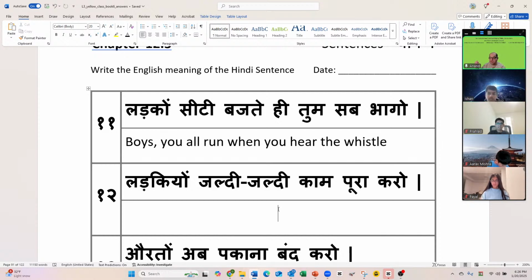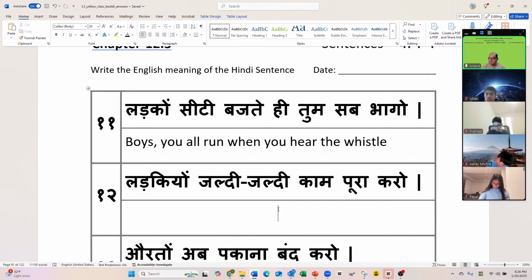So, I'll repeat. Auntie is an English word. The English plural of auntie is aunties. But the Hindi plural of auntie is auntiyan. Now, when we did the sentence, we said auntiyon. What is auntiyon? Auntiyon is oblique.